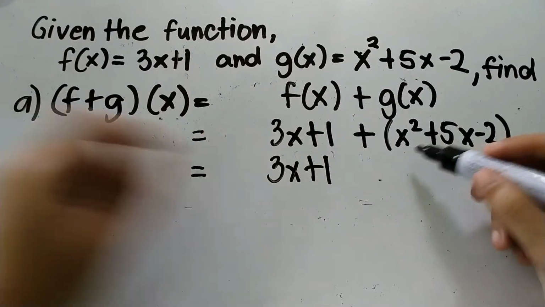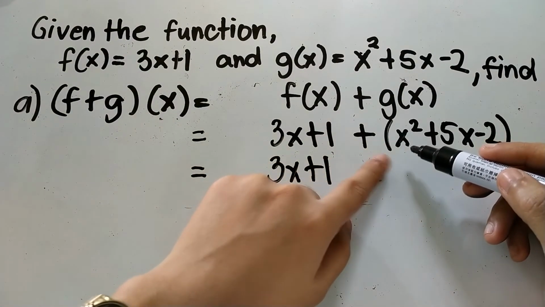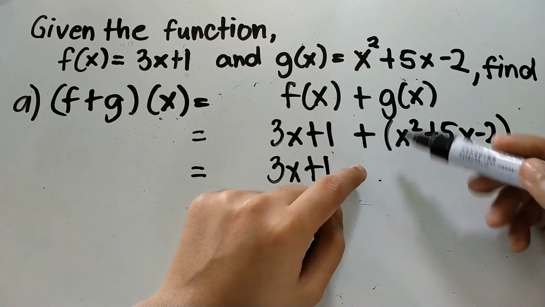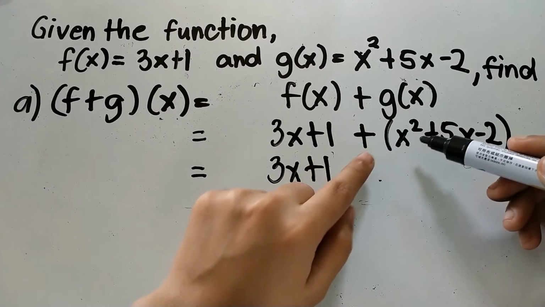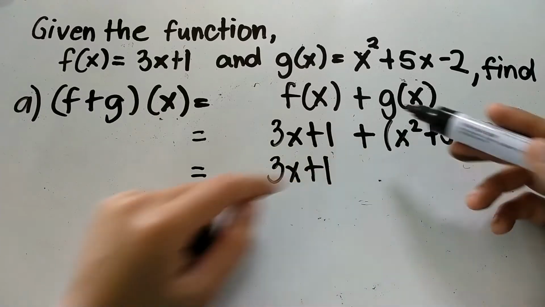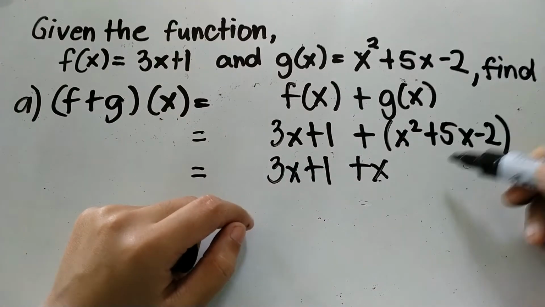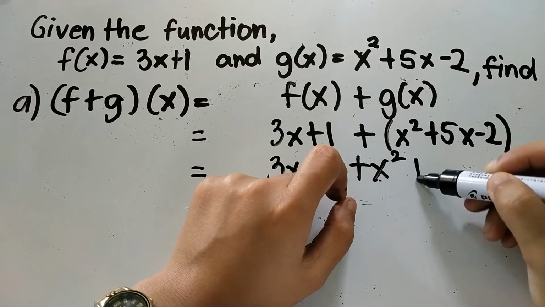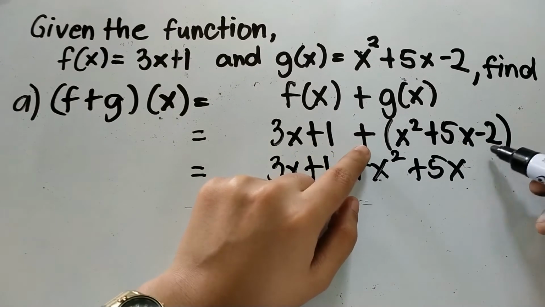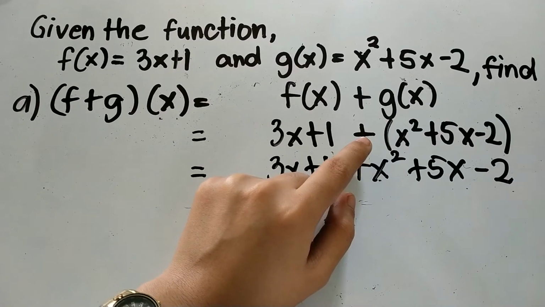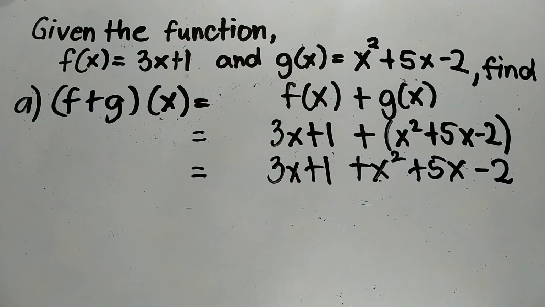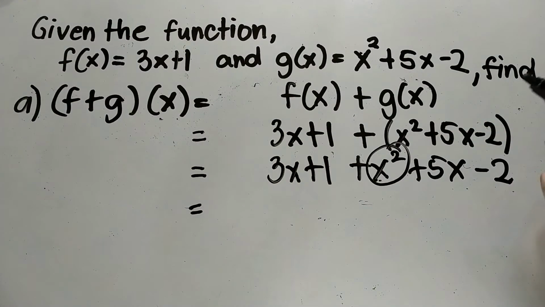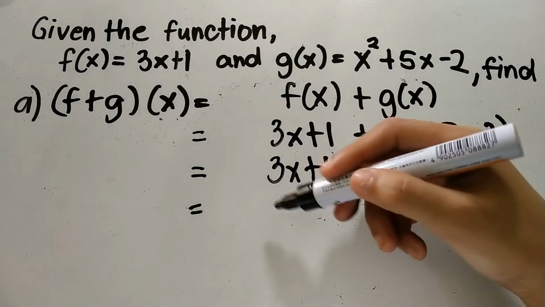3x plus 1. We know that a positive integer times, kasi diba automatically, meron naman siyang 1 dyan na coefficient. So, we have positive times positive, it's positive x squared. Positive times positive 5x, it's positive 5x. And positive times negative 2, it's negative 2. And simply add like terms. So, alin dito yung magkakaparehong terms. X squared doesn't have any similar terms.